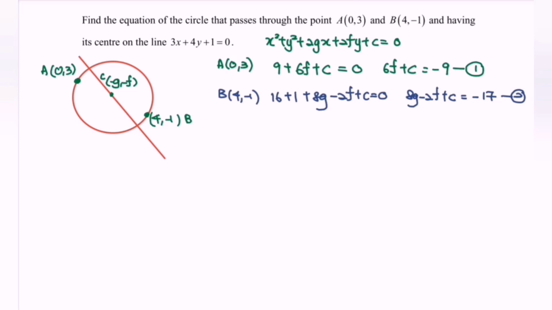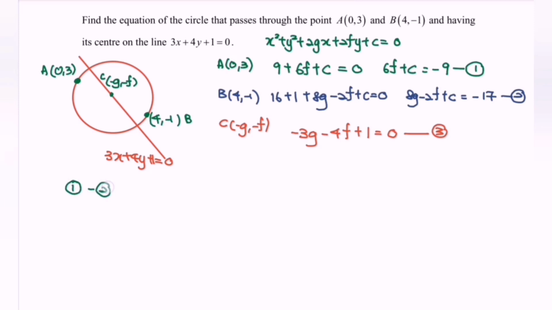Next is to substitute the center (-g, -f) into the line 3x plus 4y plus 1 equals 0, and we will obtain negative 3g minus 4f plus 1 equals 0. So here we name it the third equation. Next, we have to eliminate c, so we have equation 1 minus equation 2.